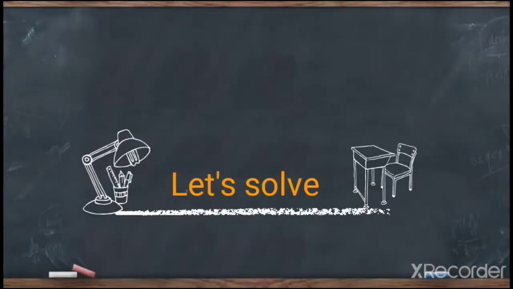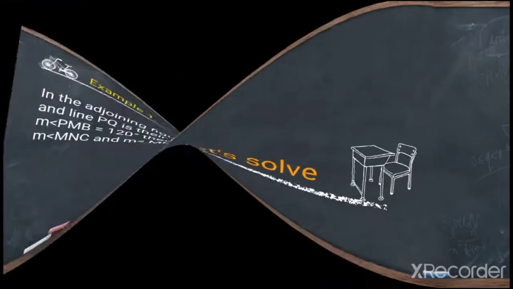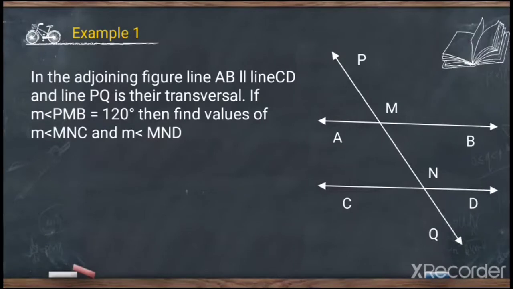Let's solve some questions based on these angles. Here is the first example. In this diagram, line AB is parallel to line CD. Line PQ is their transversal.